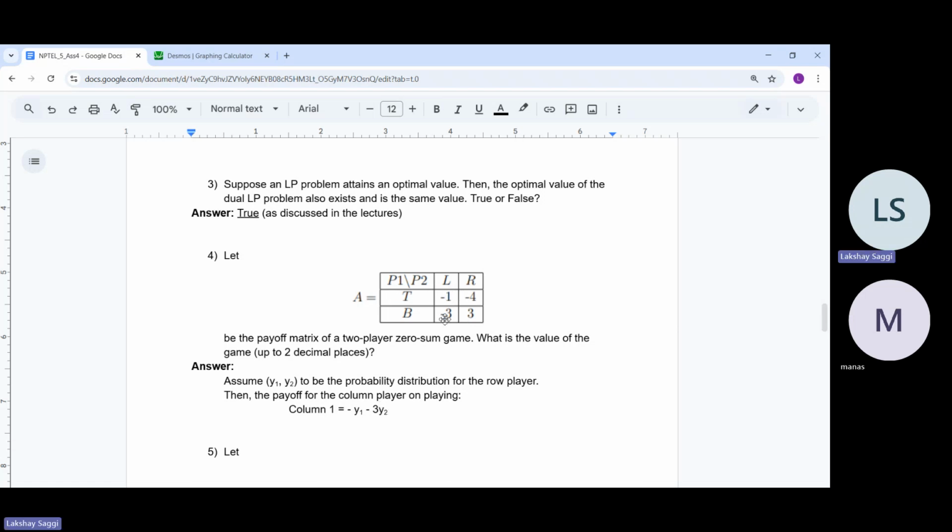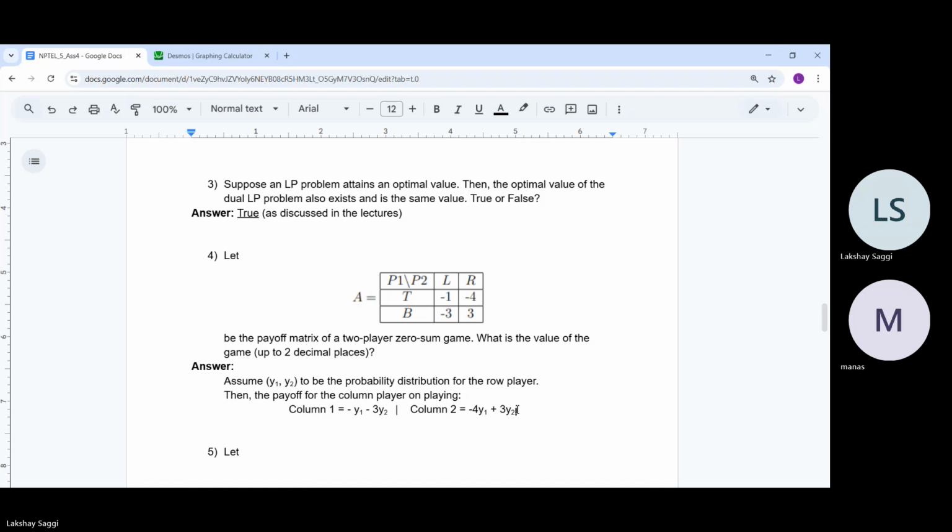And while playing column 2, the payoff will be equal to minus 4y1 plus 3y2. So these will be the payoffs for the column 1 entries and the column 2 entries. And also note that we know that y1 plus y2 is equal to 1, right?